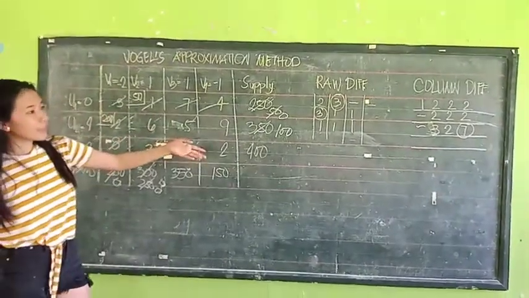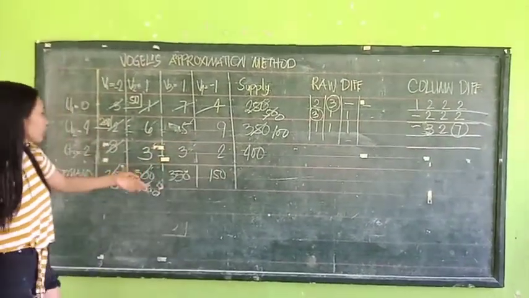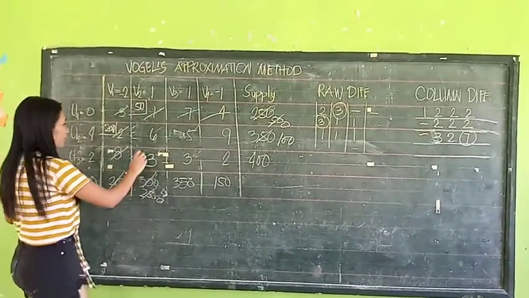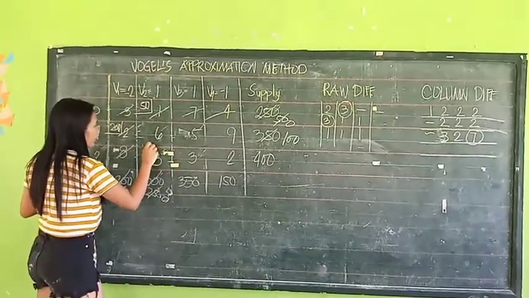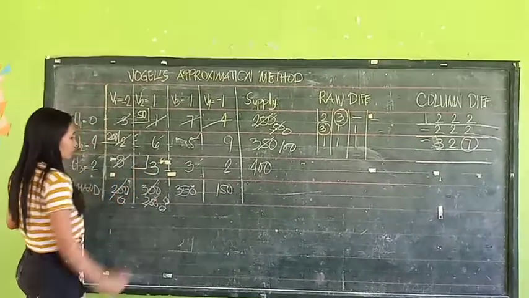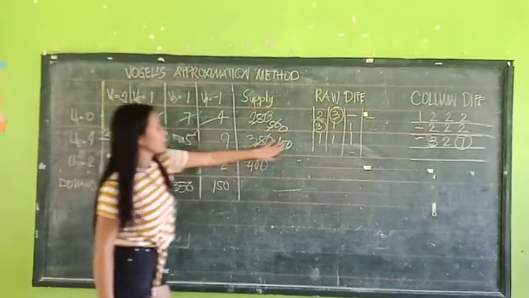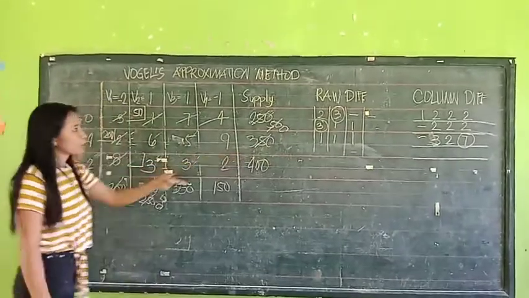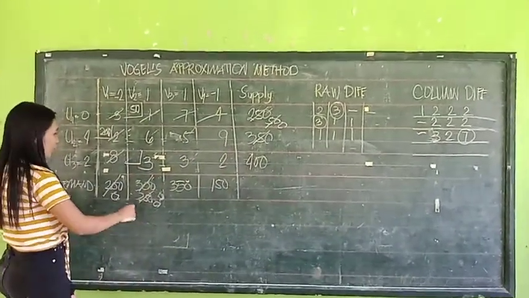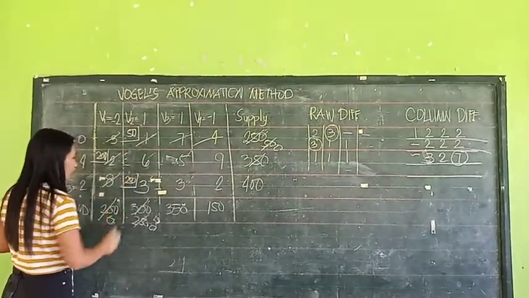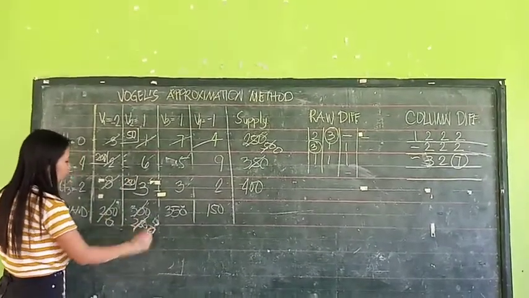Since 7 is in the last part, 3 will be our given value. So since 250 is greater than our supply, 250 is allocated, and this will be cancelled to 0.